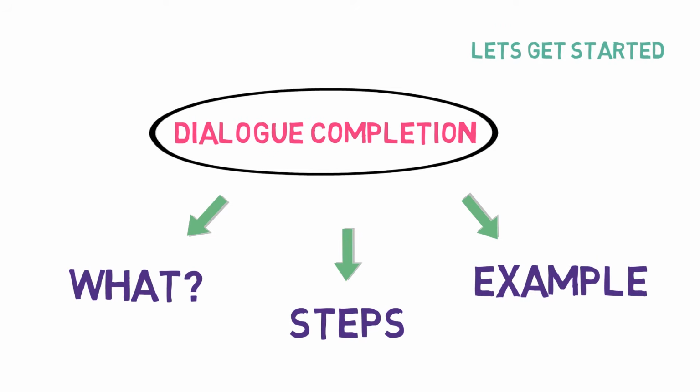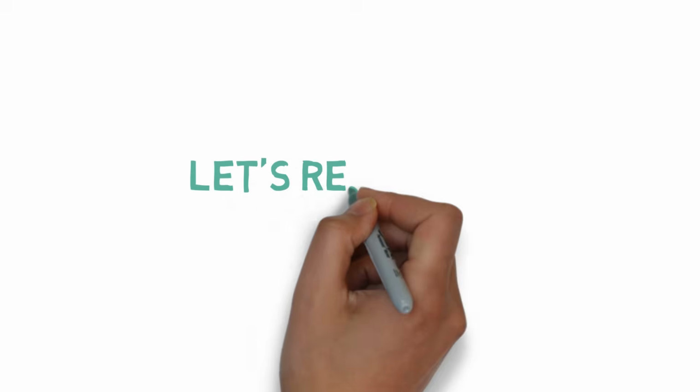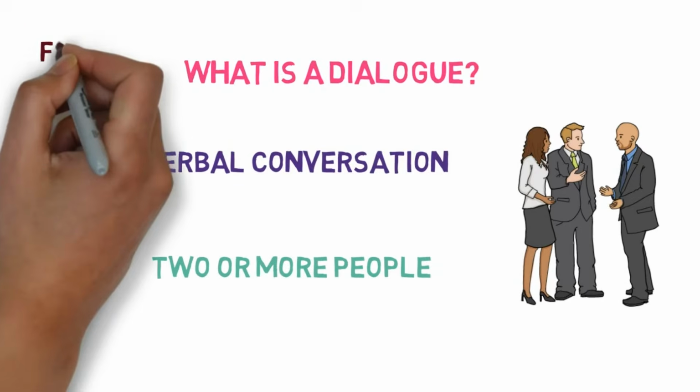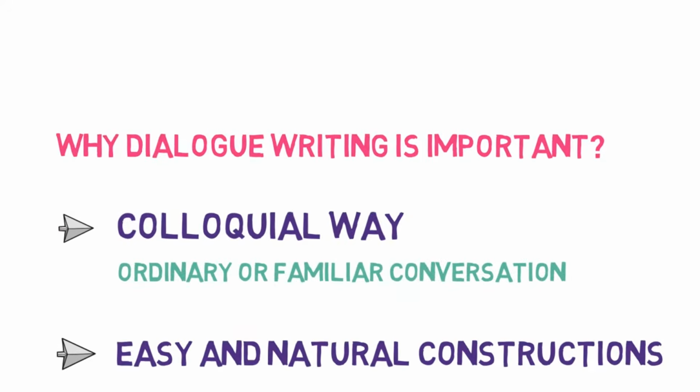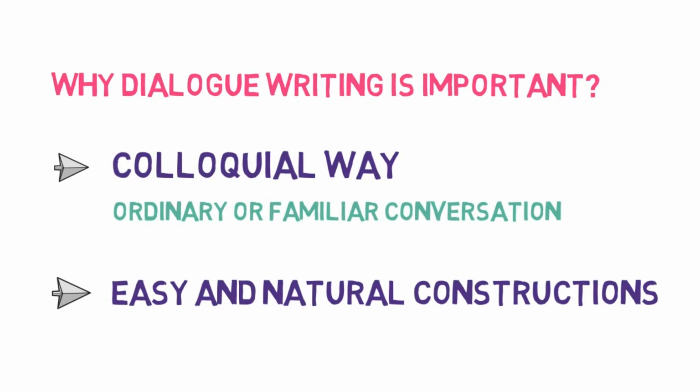Before understanding what is dialogue completion, let's quickly remember what we have already learned about dialogue writing in our previous video related to it. First, we understood what is a dialogue. A dialogue is a verbal conversation between two or more people. It simply means talk between two or more people. Then, we learned two main reasons to learn the art of dialogue writing.